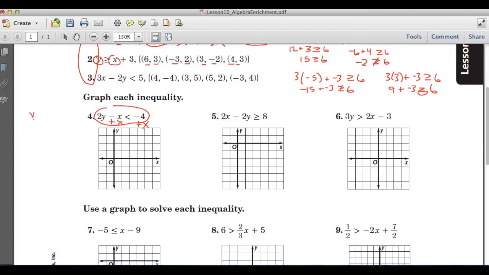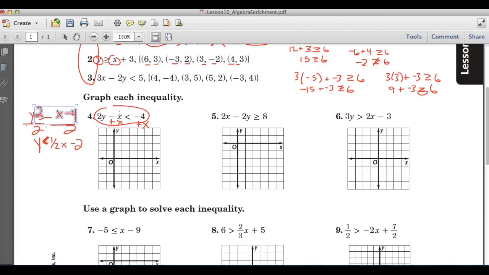So we get 2y equals x minus 4, and then we're going to divide by 2, and get y equals 1/2 x minus 2. And it's not even equals, it's less than. So I've already messed up and hopefully not confused you.